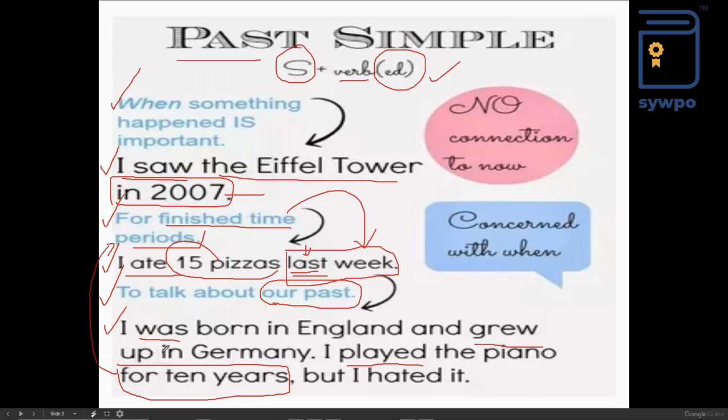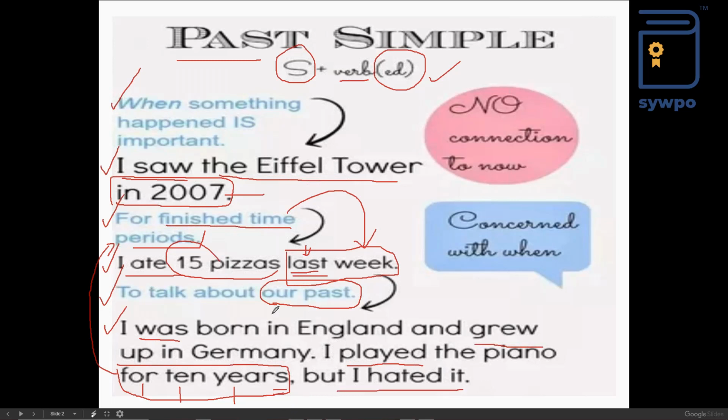Period is a long time, a longer version of time, a length of time. It's usually a duration, and usually we always count it in hours, seconds, days, months, years. Okay, so you can see here for 10 years. It's actually more than one time, which is a length, which is in duration.